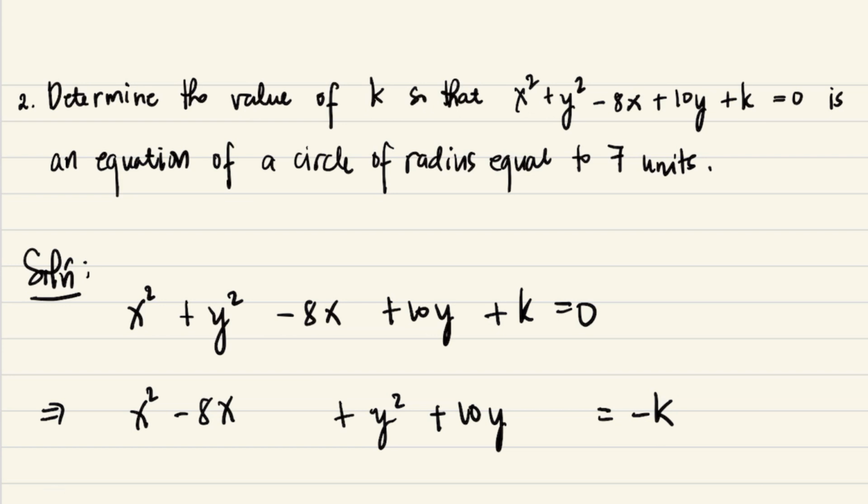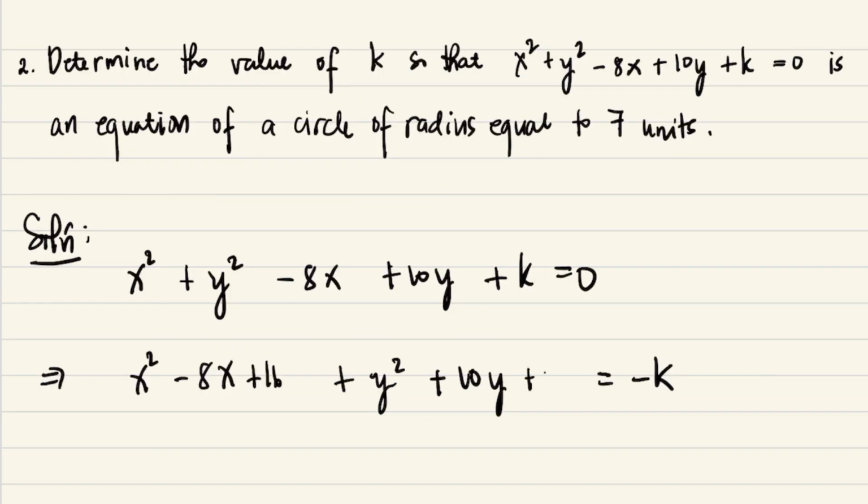To make it a perfect square, notice that the coefficient of x here is 8. The technique is to divide it by 2 and then square that. When I divide 8 by 2, I get 4, and then I square it, it becomes 16. Same here with the variable y, this is 25. That means I add 16 and 25 to the left side, which tells us that I should add the same to the right side.